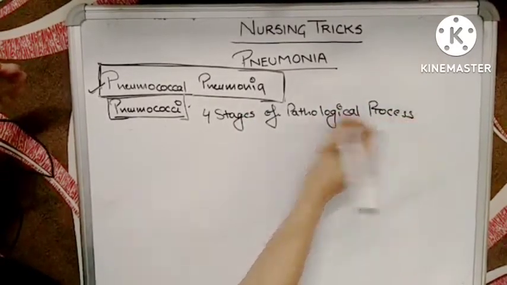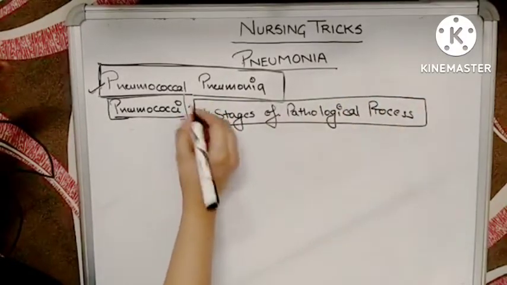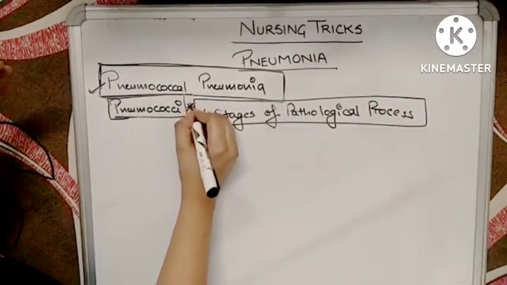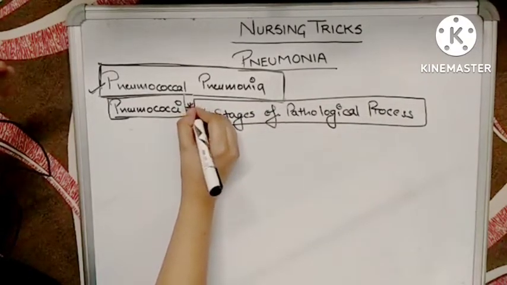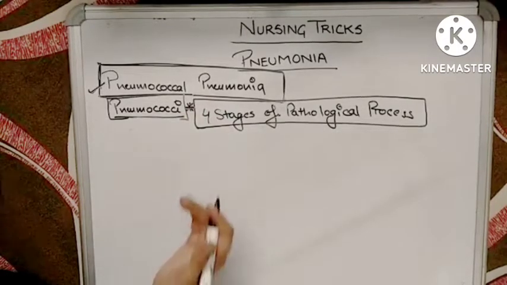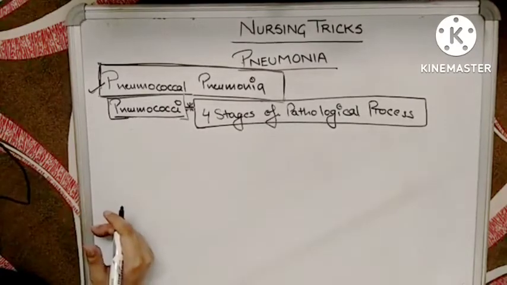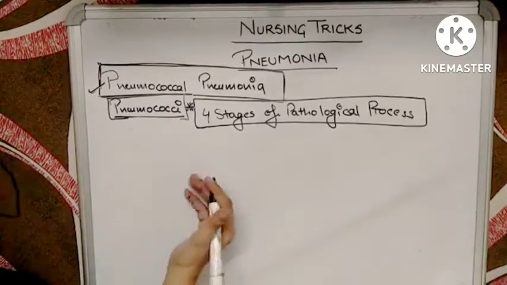Students, this is a very important topic, so please mark a star in front of it in order to remember what the pathological process is, what is the sequence of the pathological process, and what happens in this process.